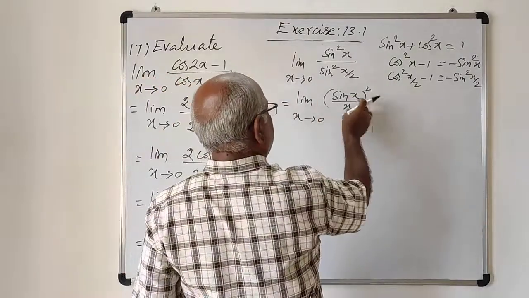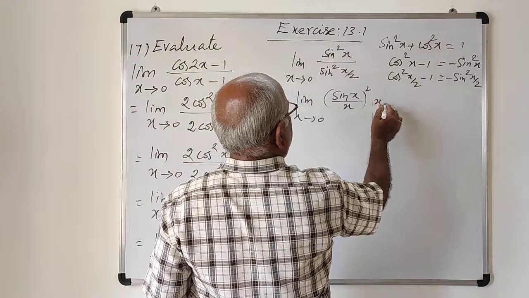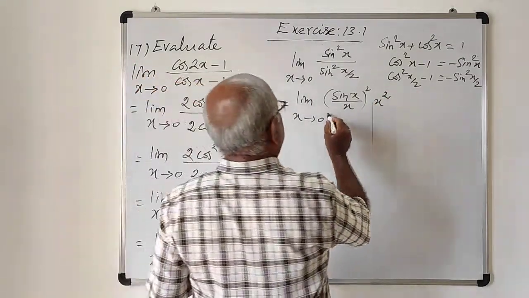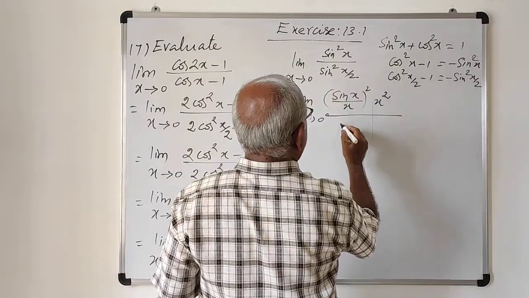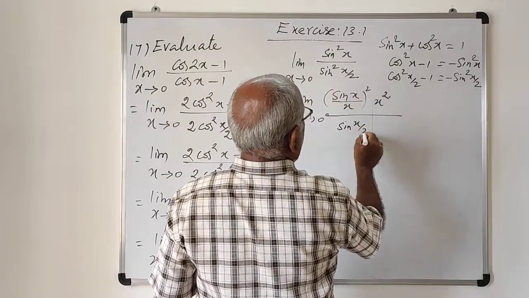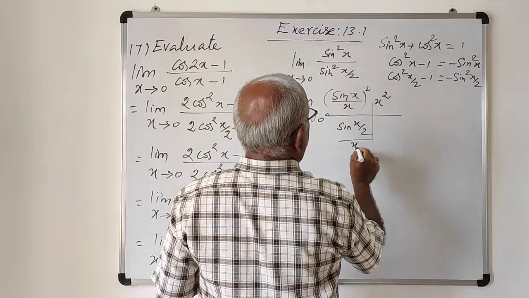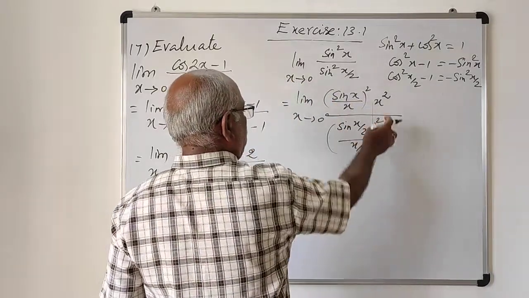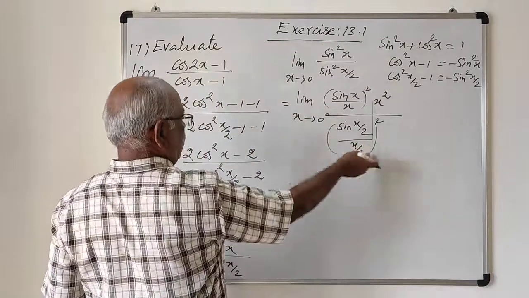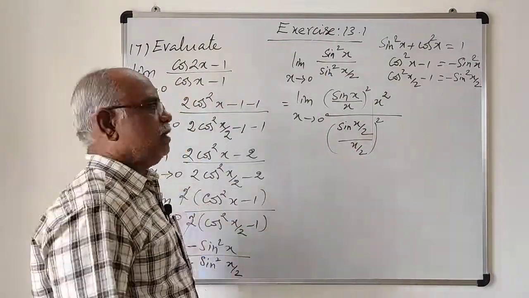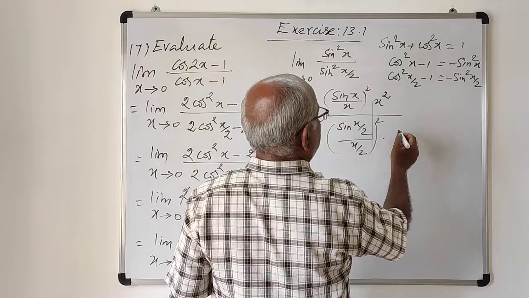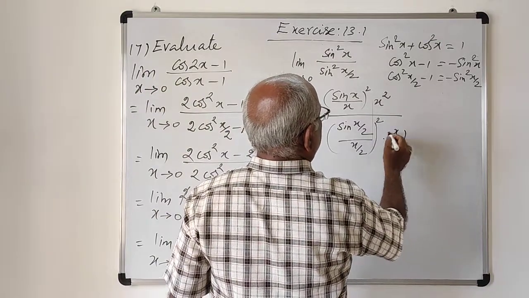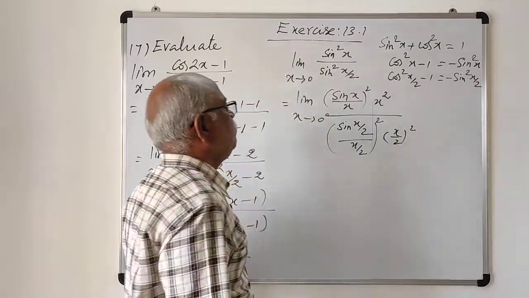So I am including x square in the denominator. To compensate, I multiply by x square in the numerator. Similarly, the denominator is (sin x by 2 by x by 2) whole square. Sin square x by 2 is (sin x by 2) whole square. I introduce (x by 2) whole square in the denominator, and to compensate, I am multiplying by (x by 2) whole square.